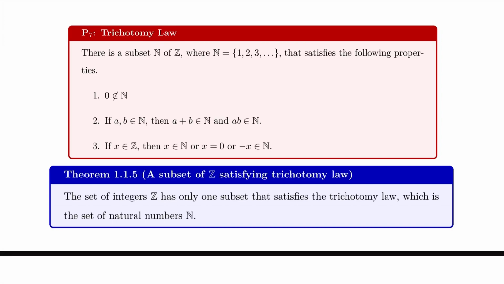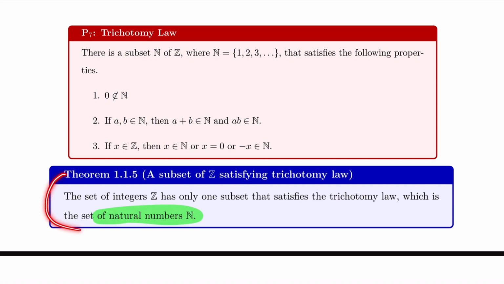In the previous video, I introduced you to the trichotomy law, which satisfies these three properties. And we know that the only subset of the set of integers that satisfies the trichotomy law is the set of natural numbers.